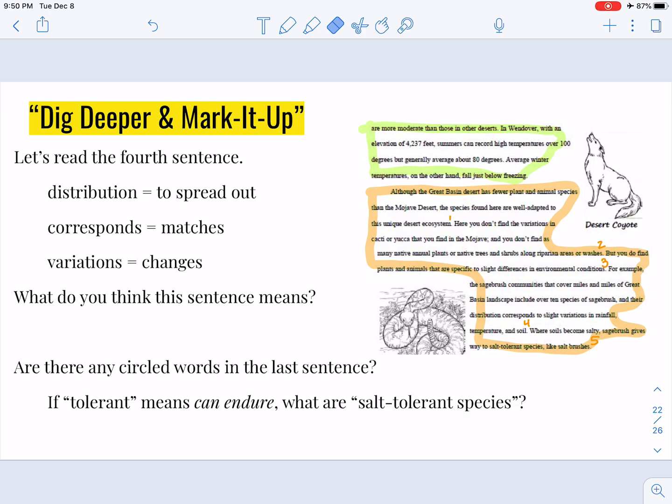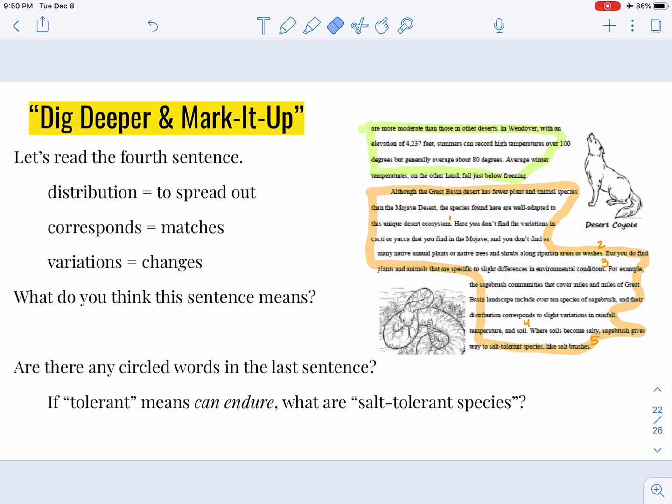Now, going through to the fourth sentence here, it says, for example, and we're right here, the sagebrush communities that cover miles and miles of Great Basin landscape include over 10 species of sagebrush, and their distribution corresponds to slight variations in rainfall, temperature, and soil. Remember, distribution means to spread out, corresponds means to match, and variations means changes.